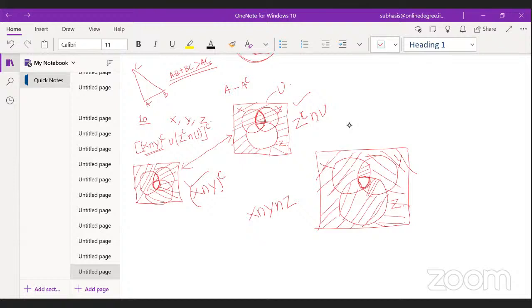Because the only correct option here is option B. See, A and B and C are disjoint. So certainly they cannot have a non-empty intersection. So that's why only option B is correct.